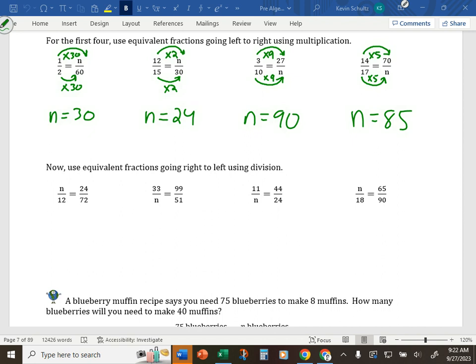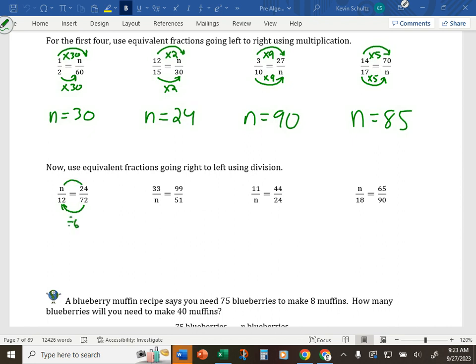This time, this 24/72, we want to know, how do I get from 72 to 12? This time we're dividing. Yeah, you could, but I'm showing you another way here. Gigi, divide by 6.